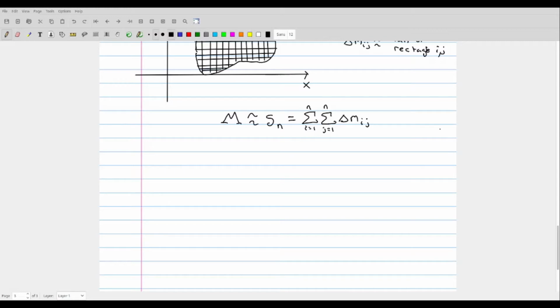And the idea here is that in the limit, as these pieces of the partition get smaller and smaller, this summation gets closer and closer to the actual value of the mass.